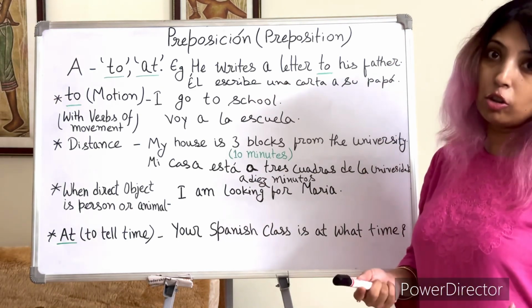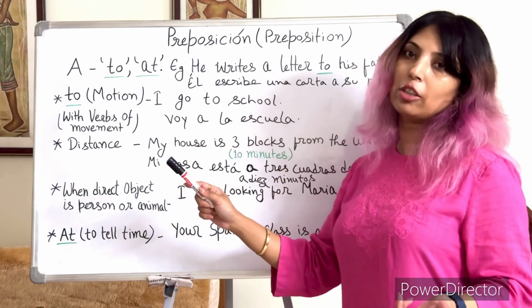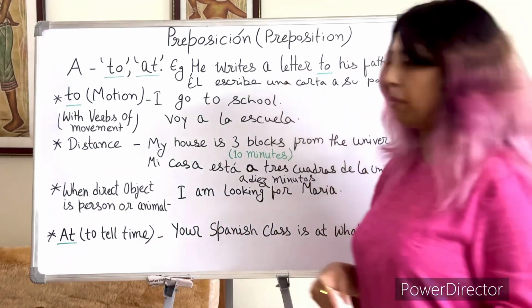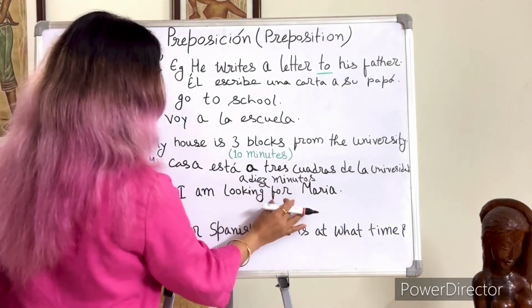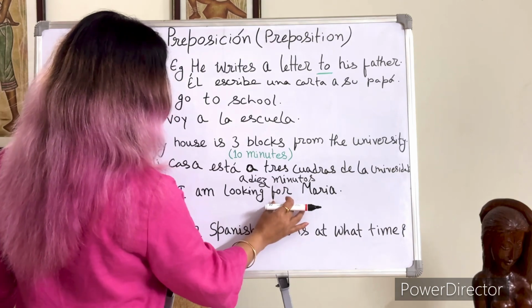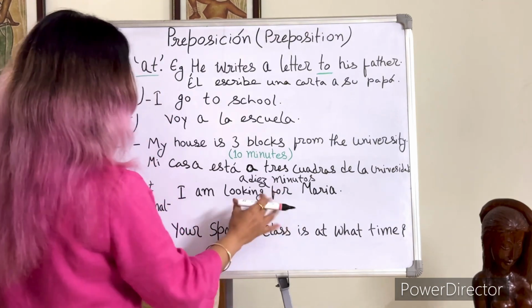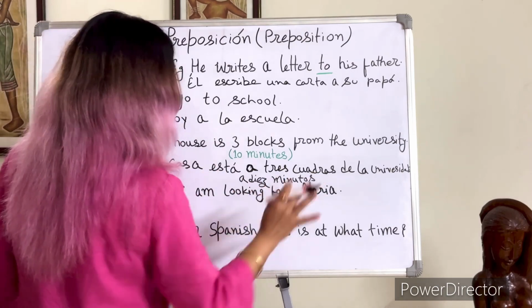So direct object you all know, like if your verb has direct impact on the object of the sentence, that would be direct object. So here, for example, I have written I am looking for Maria. Don't confuse with this for, like this is not a preposition, our whole verb is looking for. Try thinking of the sentence like I am searching Maria.